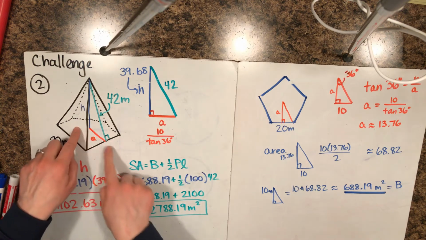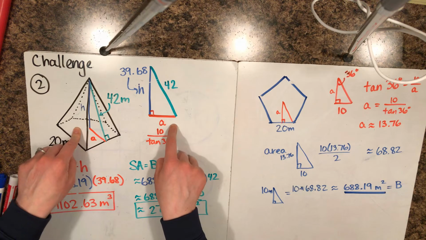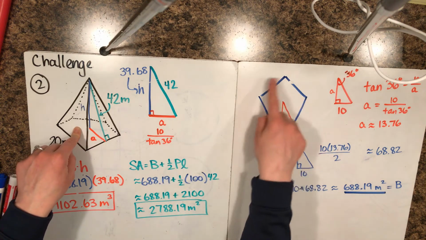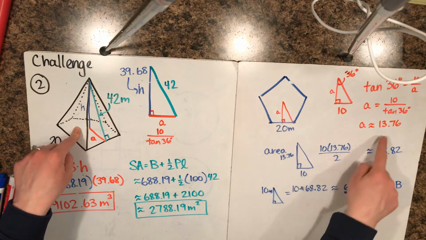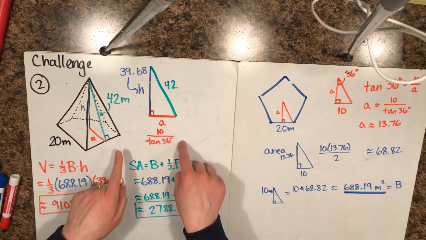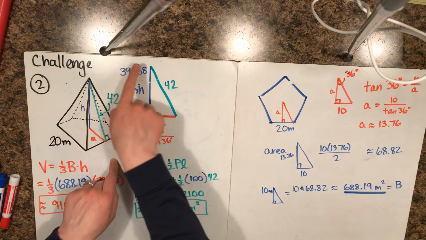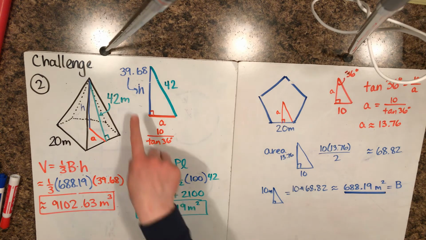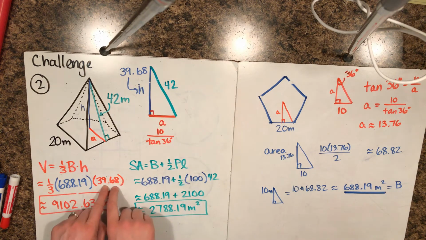This part here is going to be the apothem, okay? And again, the apothem came from our work over here. It's approximately 13.76, okay? And then I used the Pythagorean theorem to get that the actual height was approximately 39.68 meters. And then I used that height for this.